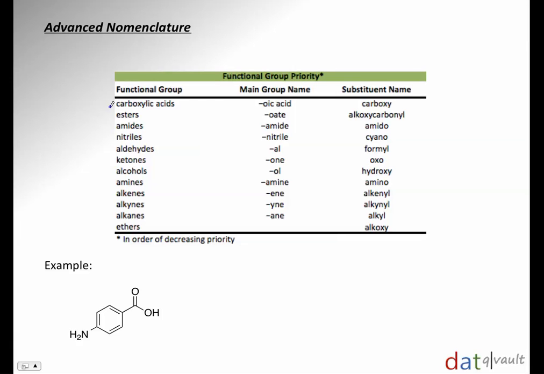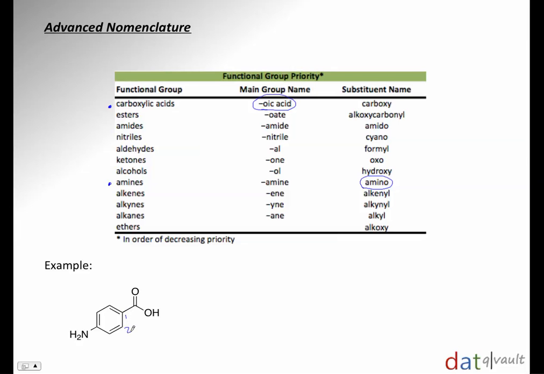So if we notice, carboxylic acids up here have the highest priority, and then amines are down here with one of the lowest priorities. So the amine is going to get our substituent name because it has the lowest priority, and the main group name is going to be the carboxylic acid. So it's going to end in oic acid.